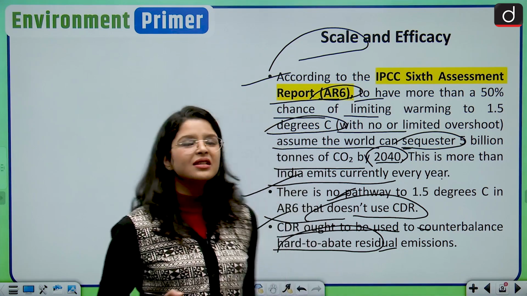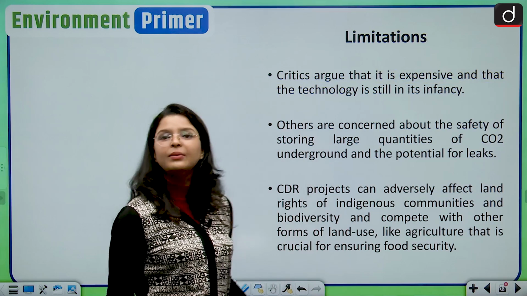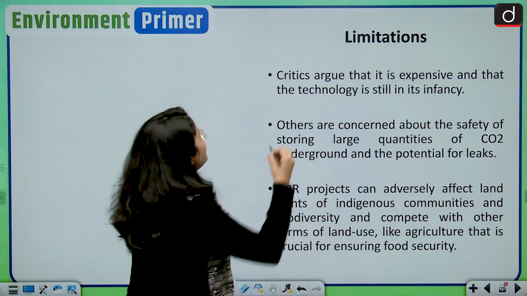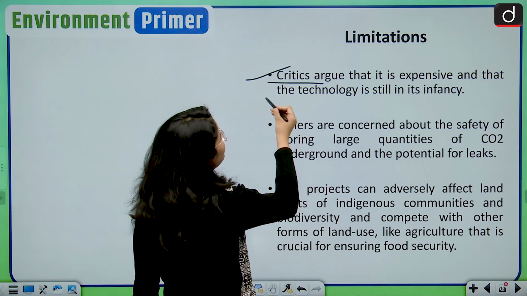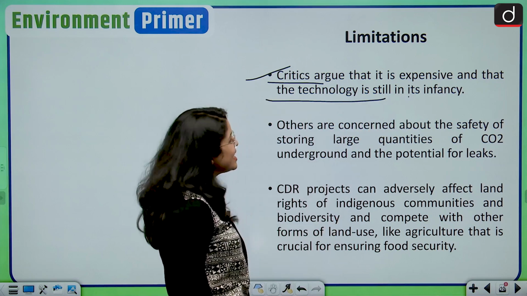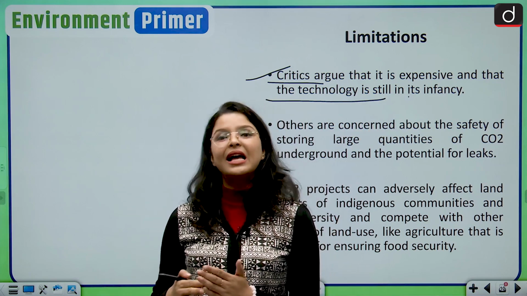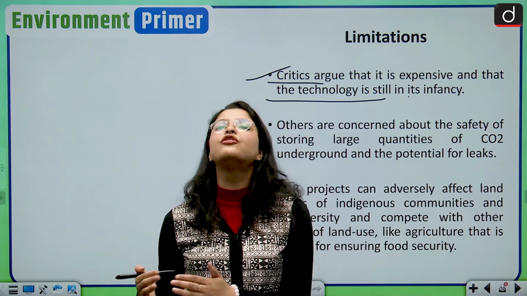Okay, now let us discuss the limitations of this technique. Okay, so what are the limitations of using CCS and CDR mechanism? So the first limitation is that the critics argue that it is expensive and that the technology is still in its infancy. That means the technology has not explored its full potential. It is still very new.